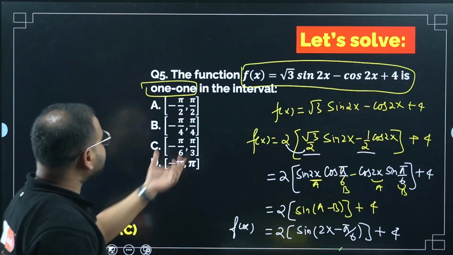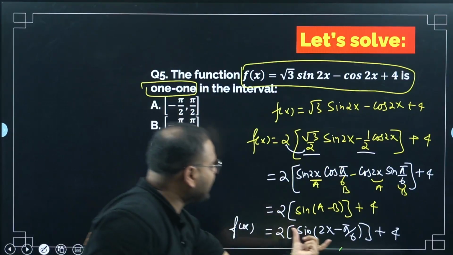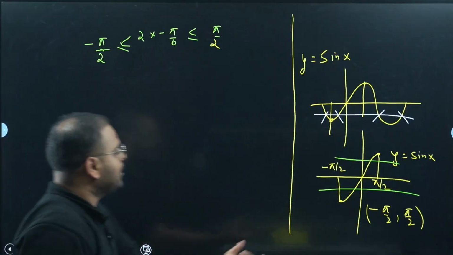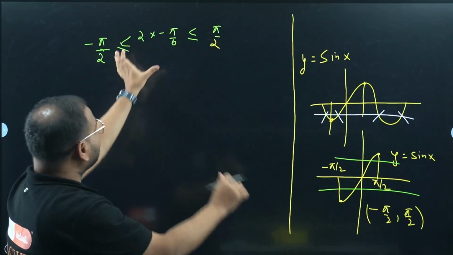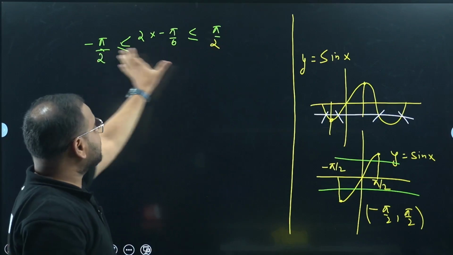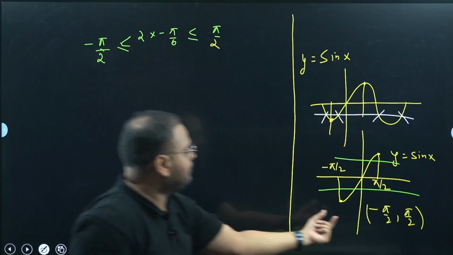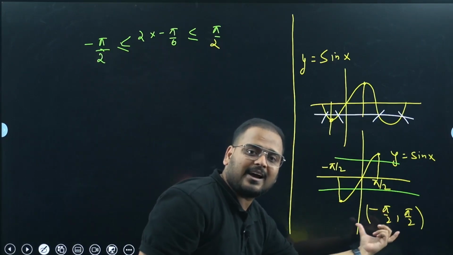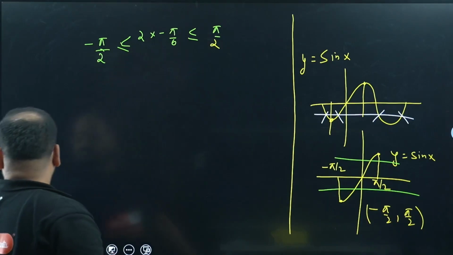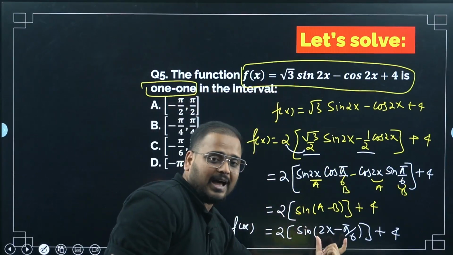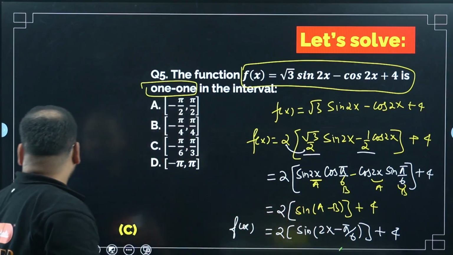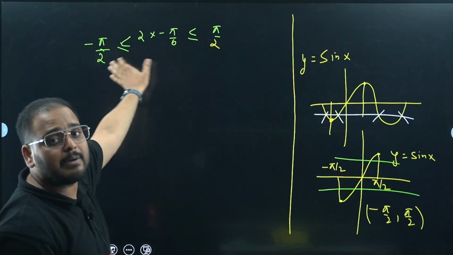Because for this function to be 1-1, the angle of the sine has to lie in that domain, because only there is the sine function 1-1. So the angle value has to satisfy minus pi by 2 to pi by 2.